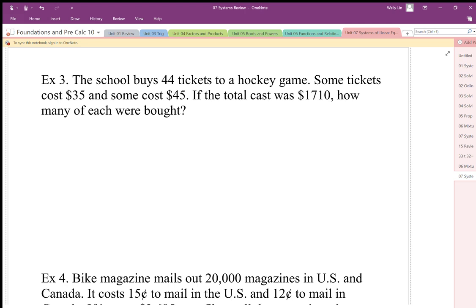When we're doing these word problems, we have to establish our variables. The variables are going to be found through that last sentence. We're looking for the number of each ticket bought.